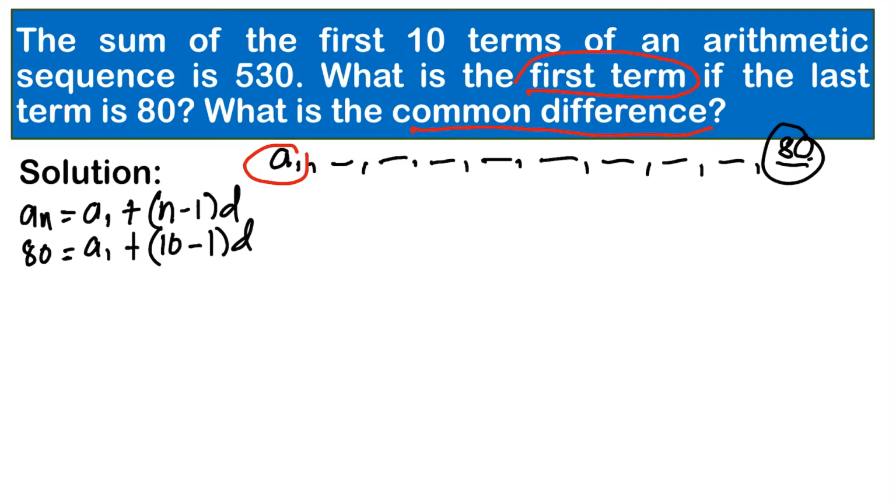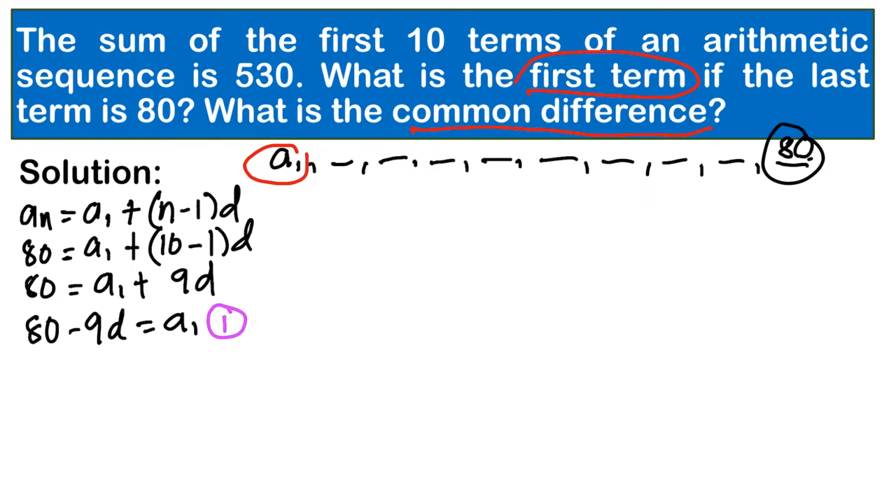Simplifying that will give us 80 equals a sub 1 plus 9d. Expressing this in terms of a sub 1, this will give us 80 minus 9d equals a sub 1.